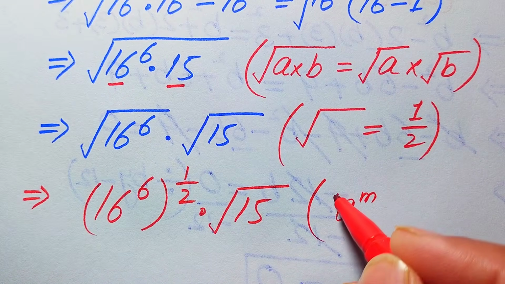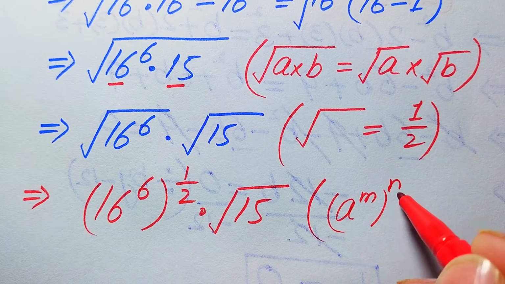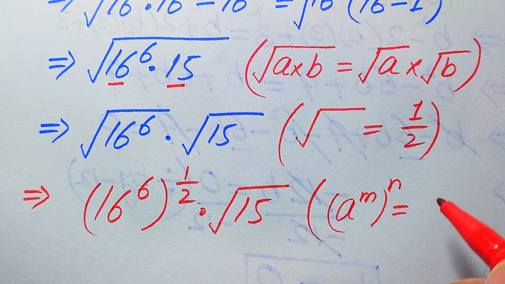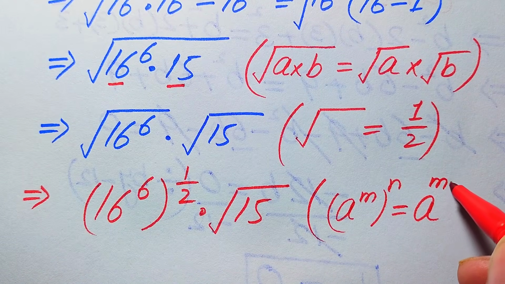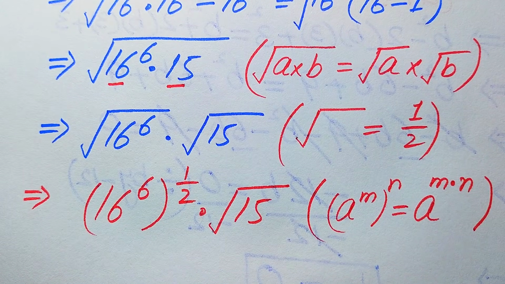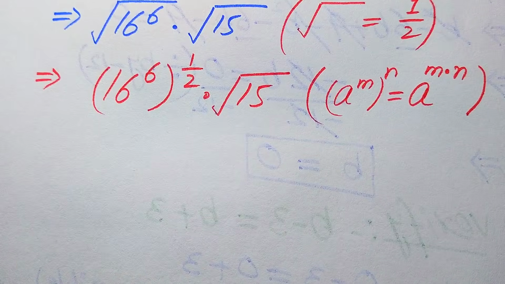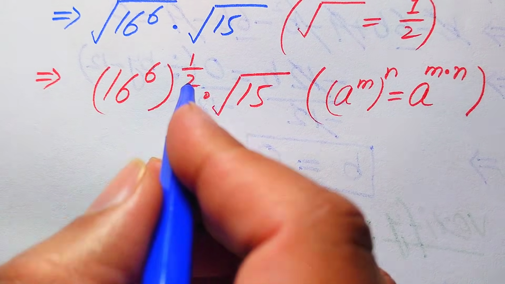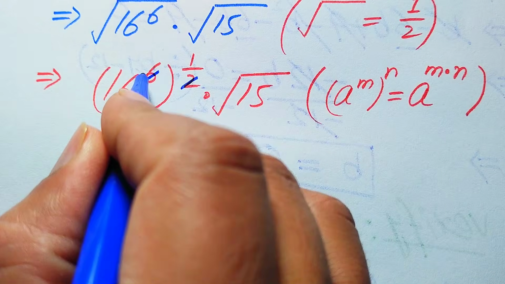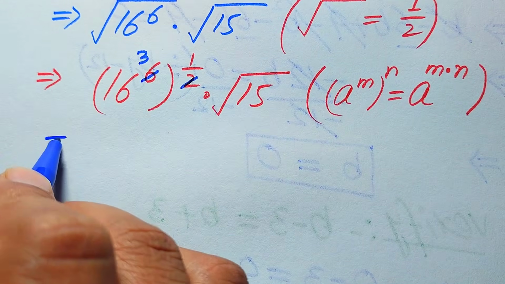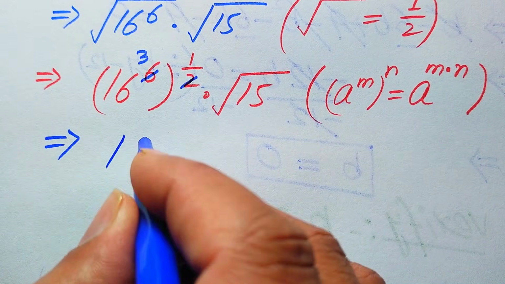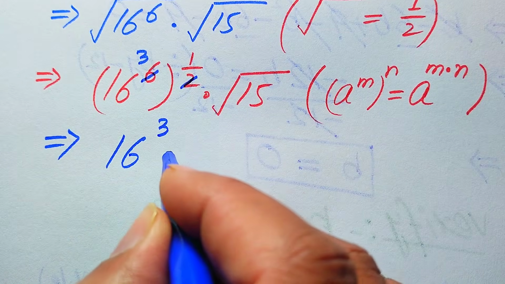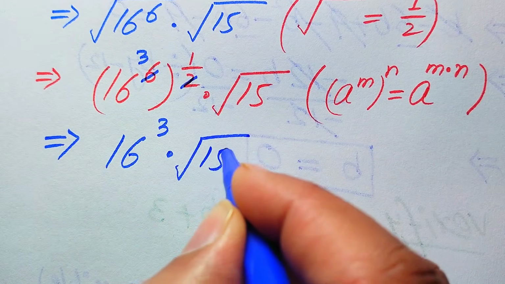If you have an exponent to an exponent, a to the power of m to the power of n, then these two exponents are multiplied by each other. So we multiply these two exponents, 2 times 3 becomes 6, and we obtain 16 cubed multiplied by the square root of 15.